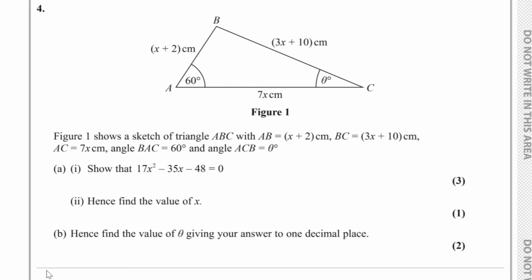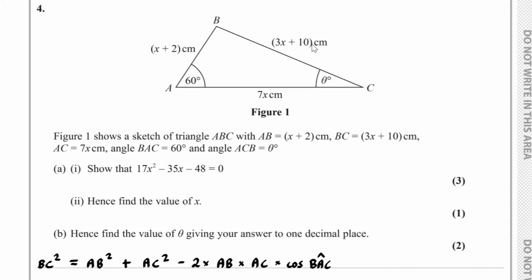And if we were to use the cosine rule, we have BC squared equaling AB squared plus AC squared subtract 2 times AB times AC times by the cosine of the angle BAC.